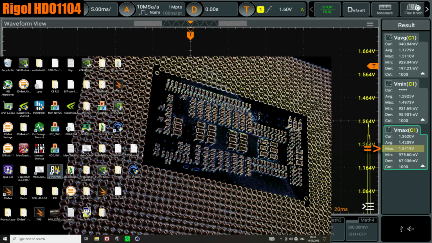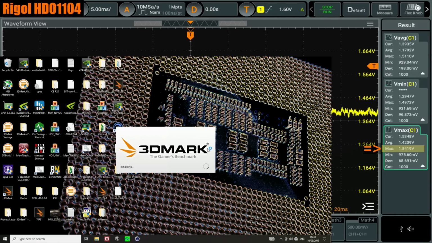I can't really think of anything else that would be particularly spiky. We could try Time Spy, because that's a pretty memory-intensive all-core workload, the CPU test. But I don't think that would be any worse than Cinebench 15.